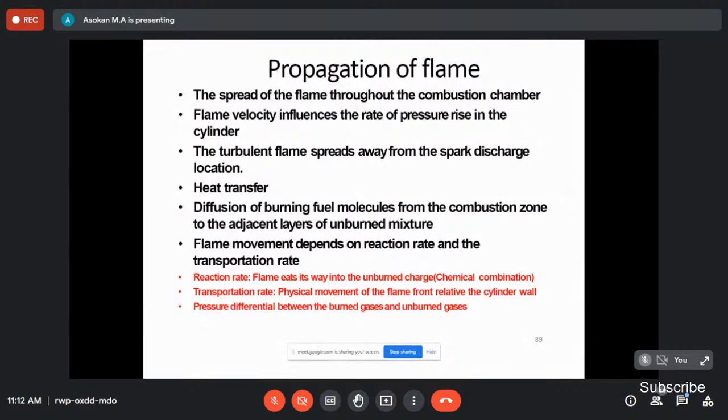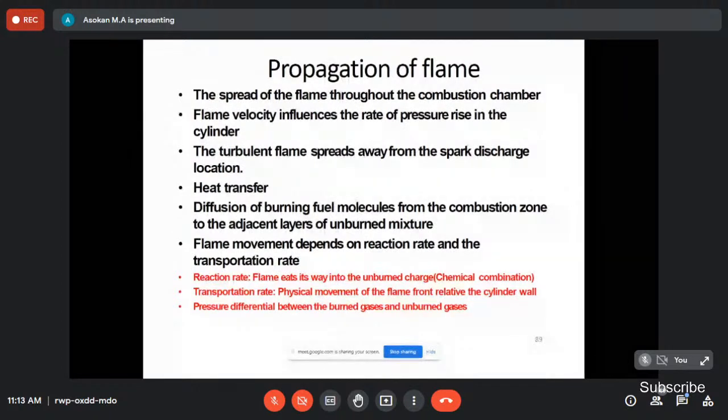So already, there are two different regions inside the combustion chamber: the burnt gas region and the unburnt gas region. What is the pressure inside the burnt gas region? It is higher than the unburnt region. That's why energy flows from higher to lower. That means the burnt charge flows to the unburnt charge, so that the transposition rate increases. It depends upon the pressure difference between the burnt gases and unburnt gases.